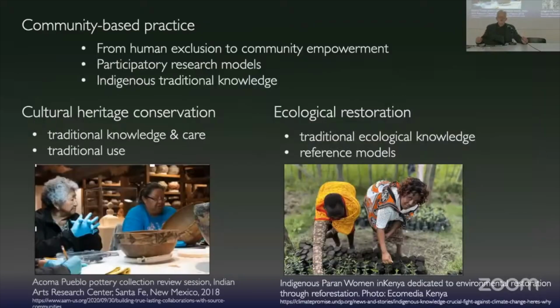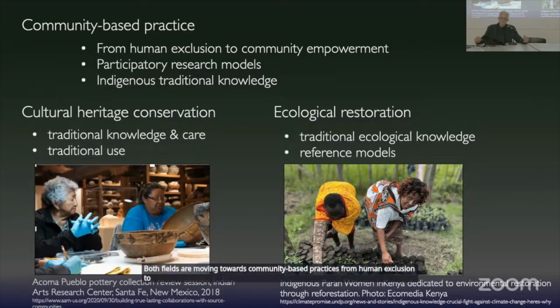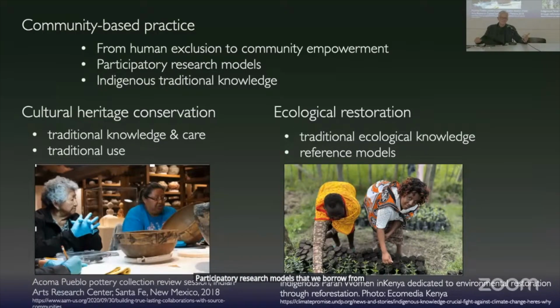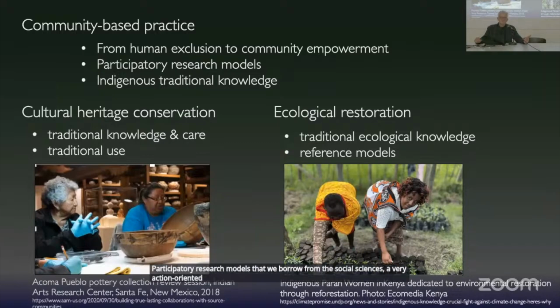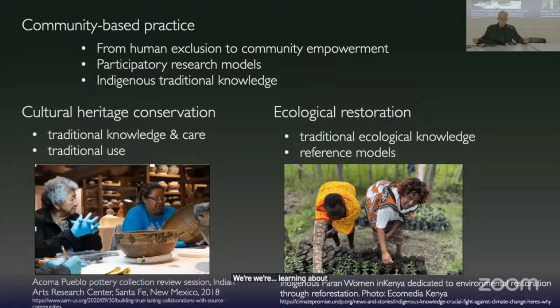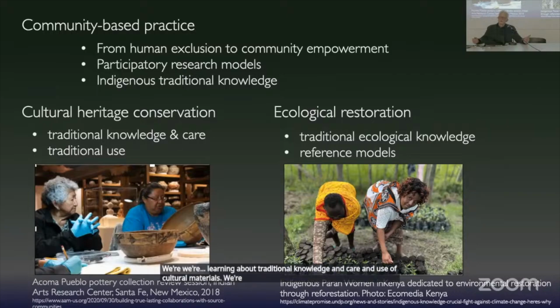Both fields are moving towards community-based practices, from human exclusion to community empowerment, participatory research models that we borrow from the social sciences, a very action-oriented approach, and indigenous traditional knowledge in cultural heritage conservation. We're learning about traditional knowledge and care and use of cultural materials. We're engaging cultural heritage representatives and elders.